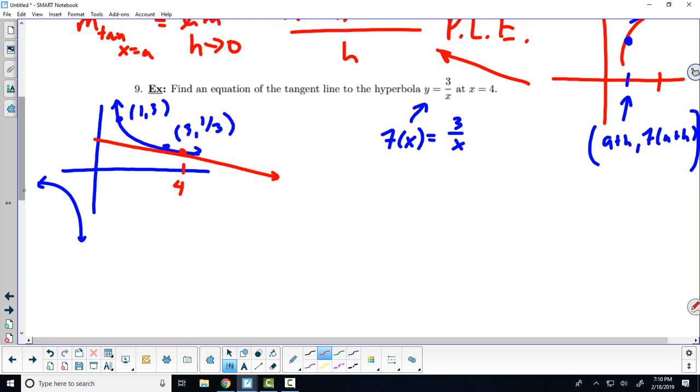Everyone understand the question? The second point, 3, 1/3? No, it's not. Thank you, sir. This is the ordered pair 3, 1. Thank you. I don't know why I thought it was 1/3. Good catch.